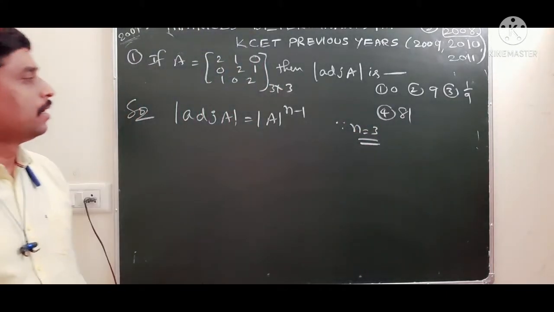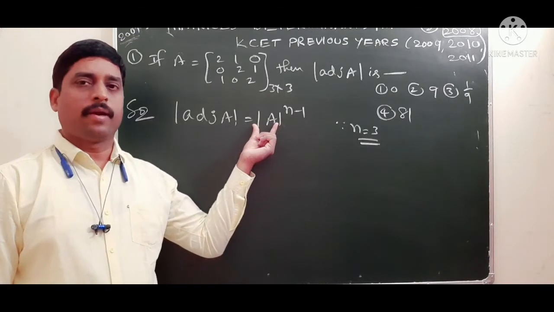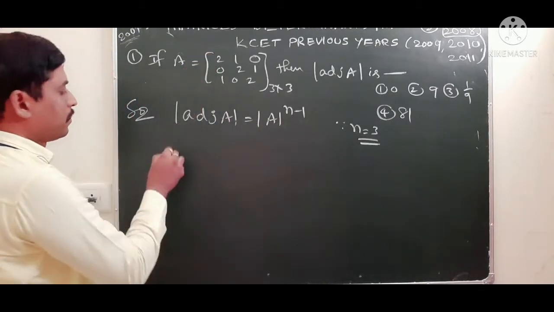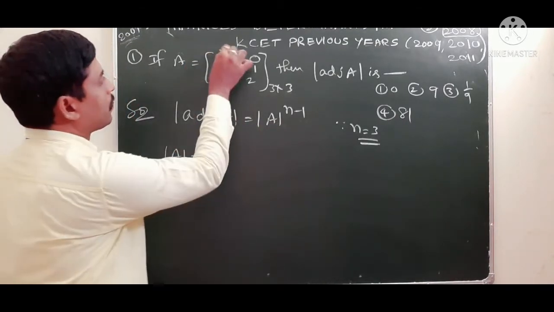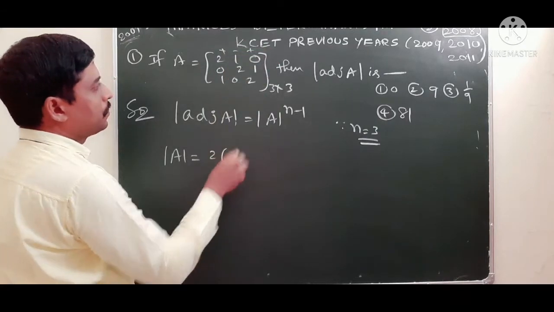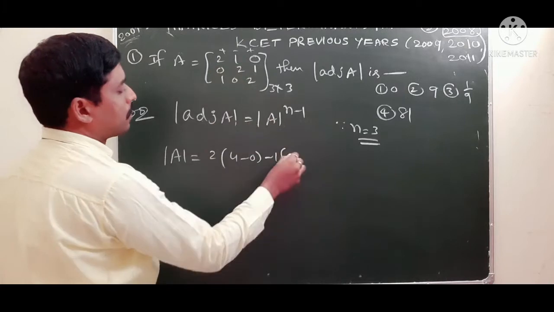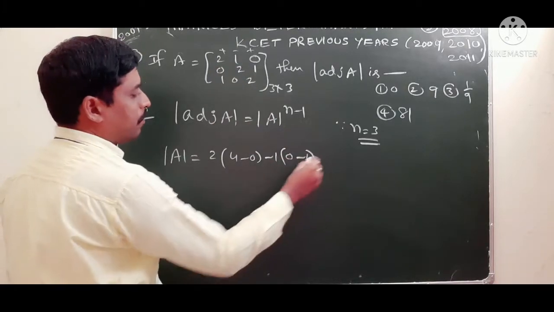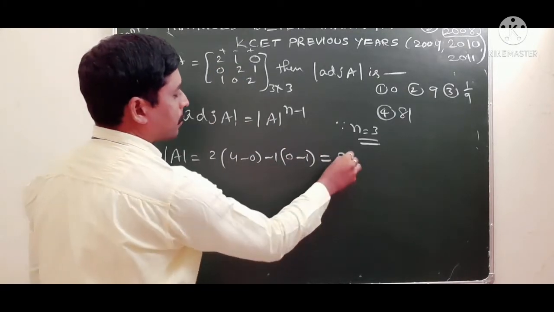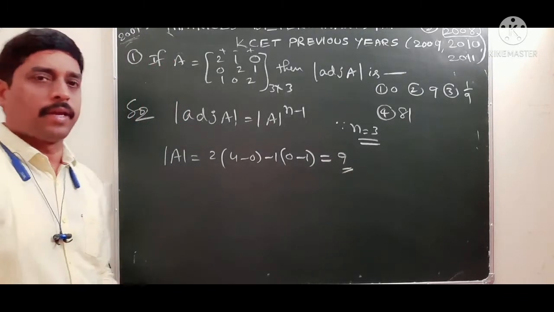First we have to find det A. Det A is plus minus plus 2 into 4 minus 0 minus 1 times 0 minus 1. This will be 8 plus 1, 9. So det A value is 9.